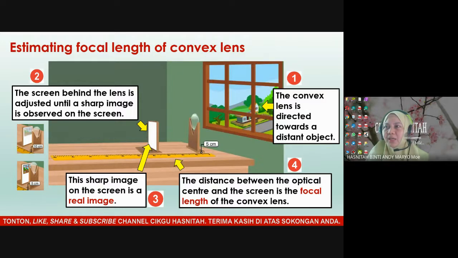We place the white screen here, and we adjust the position of the screen until you can see a sharp image appear on the screen. For example, there is a house up there, right? So we adjust the screen until you can see a sharp house image appear on the screen. For example, it's shown here. If you zoom, let's zoom at this part.